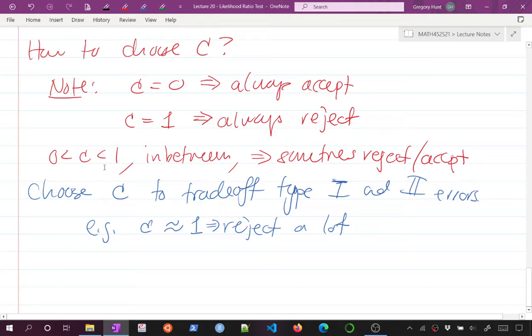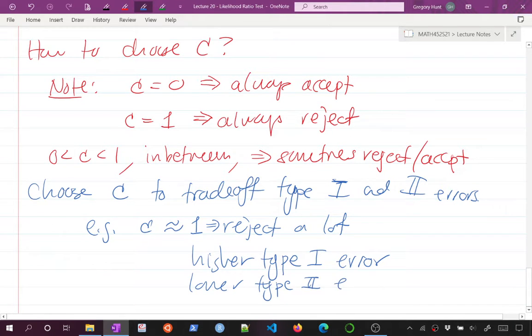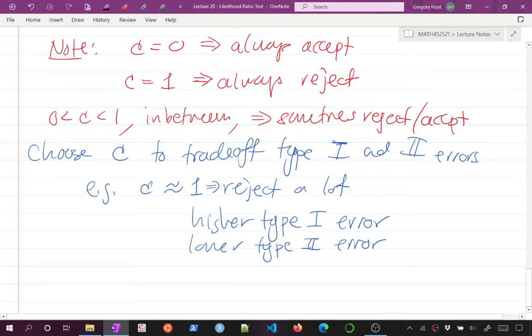A type 1 error would be when the null is true, but we reject. So we'll have a higher type 1 error, relatively speaking, but a lower type 2. If we reject a lot, we're going to falsely reject more, so we have a higher type 1, but we're not going to fail to reject when we should as much. So we'll have a lower type 2, other things equal.